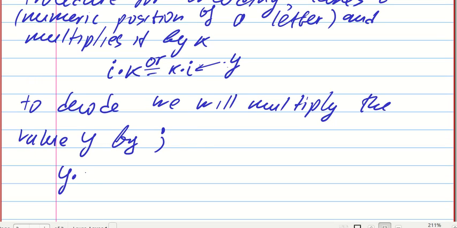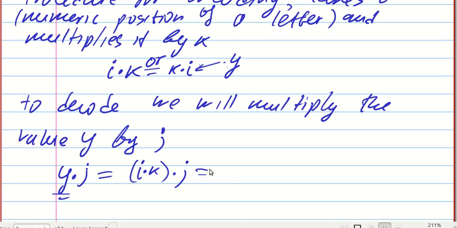So y times j is equal to, and for y we can put k times I, so it's going to be k times I, or I times k, right? Doesn't matter. I times k, that's for y, times j.